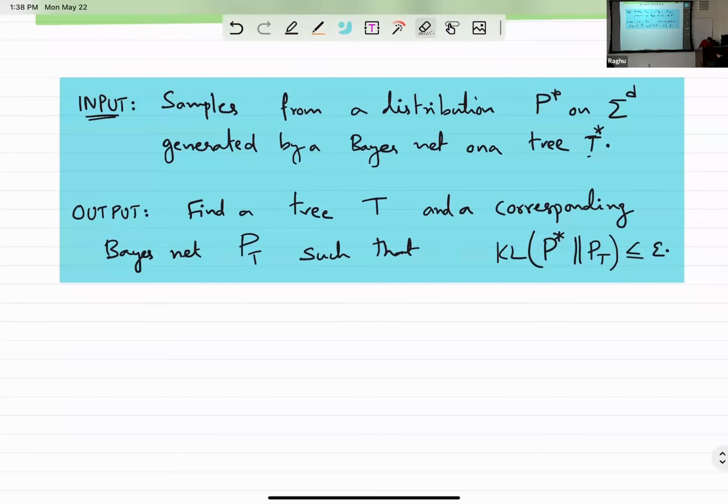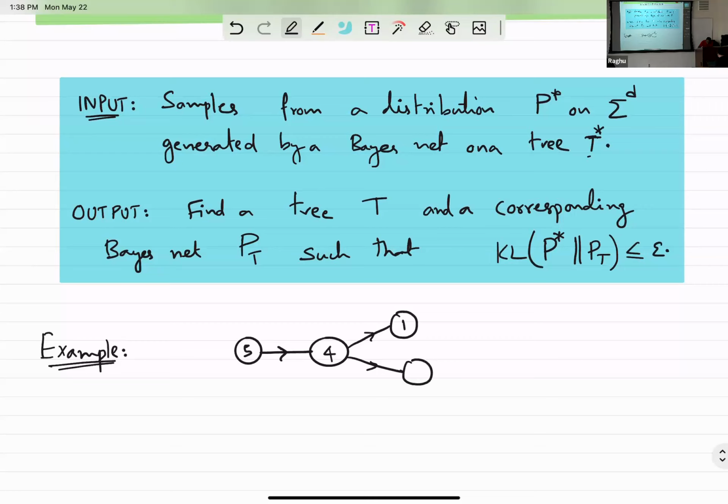So maybe as an example, you can think maybe this is what T star is. Okay, just, you know, maybe this is what T star is. We don't know what it is.